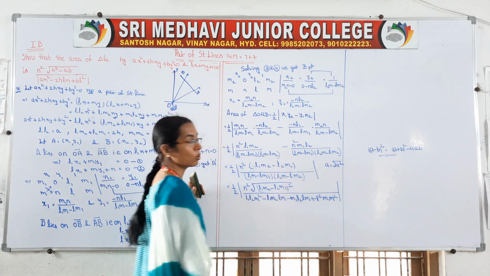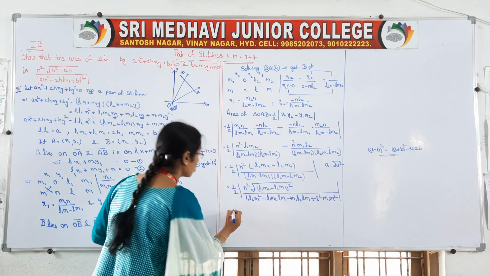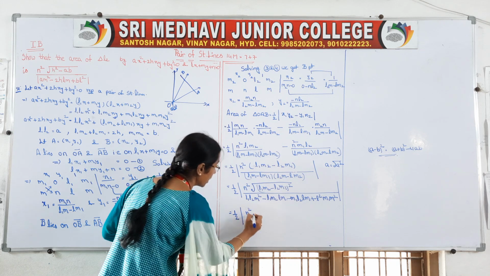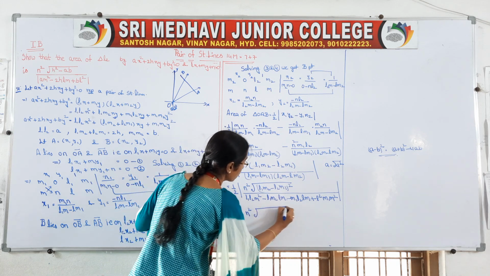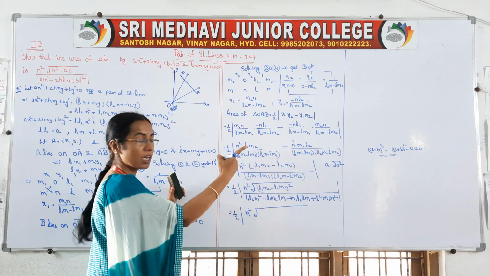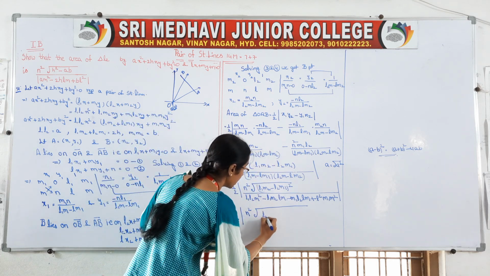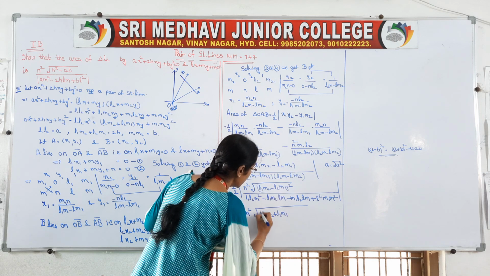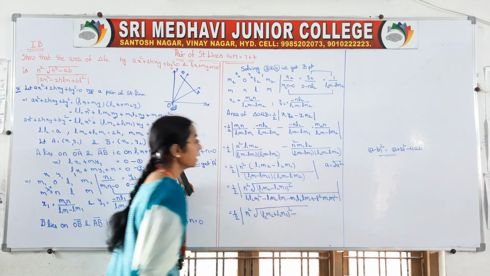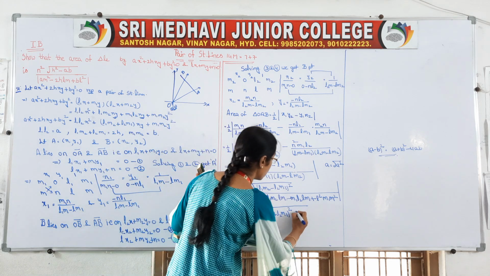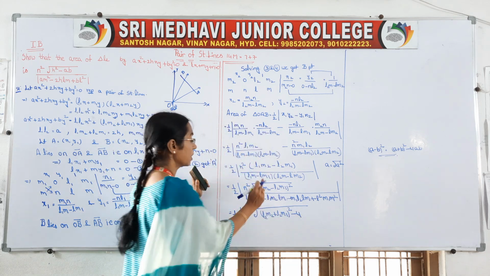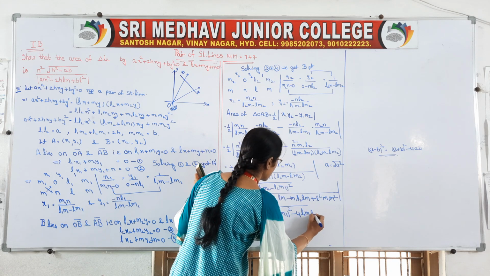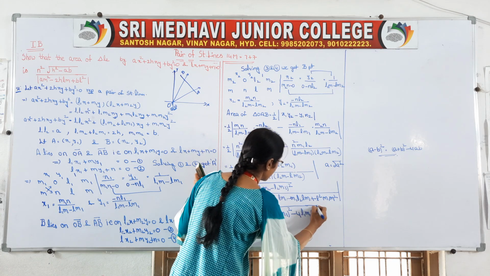Okay, so is equal to half into n square, root of, now I am writing in that formula form, a plus b whole square, that is L1 m2 plus L2 m1 whole square minus, right, 4 into a into b, that is L1 m2 L2 m1.